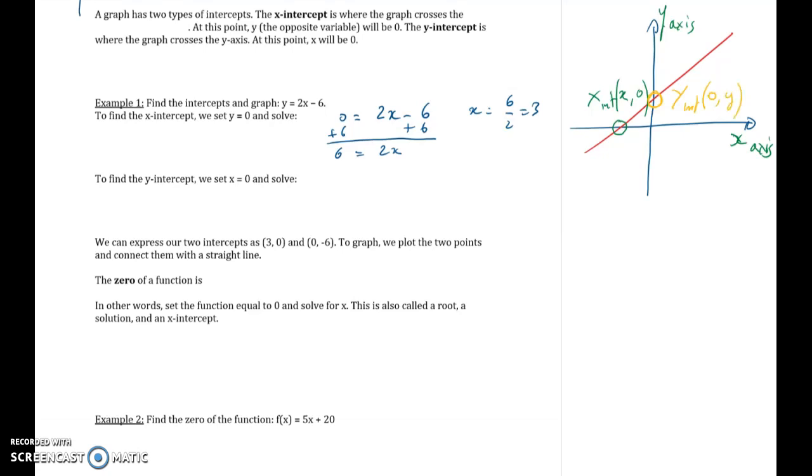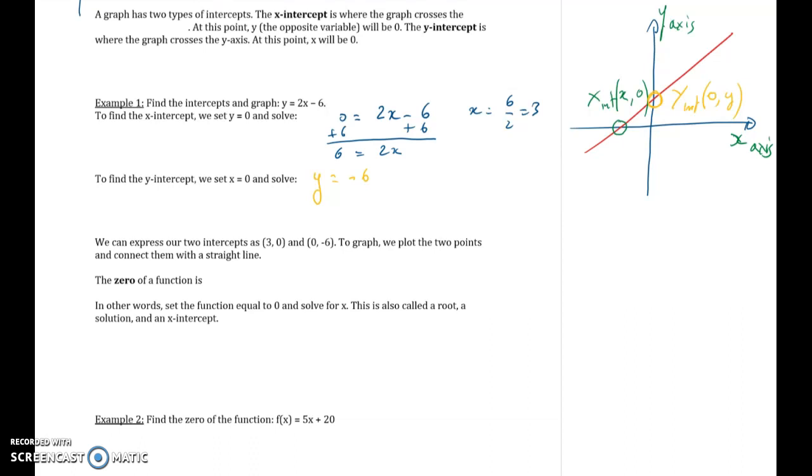So this is the reason why when I'm looking for the y-intercept, I need to set x equals 0. It is the easiest to find because when x equals 0, I end up with y equals negative 6. And therefore, we can express our two intercepts as (3, 0) and (0, negative 6).